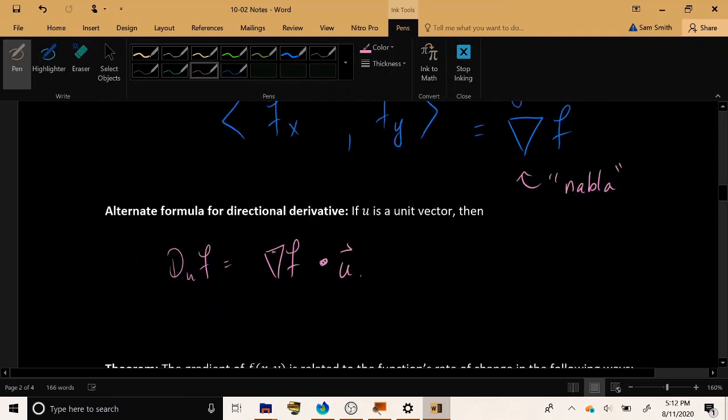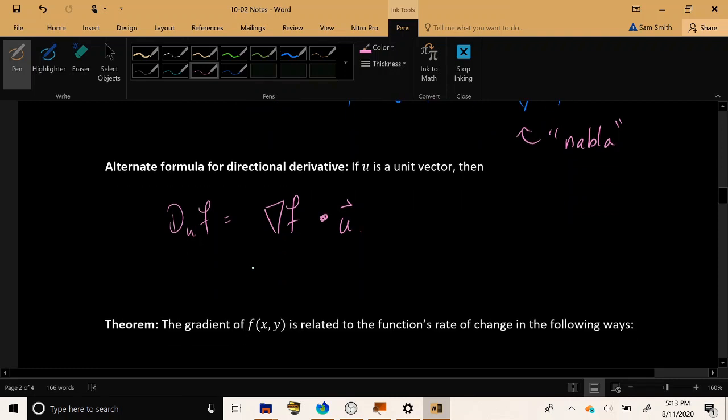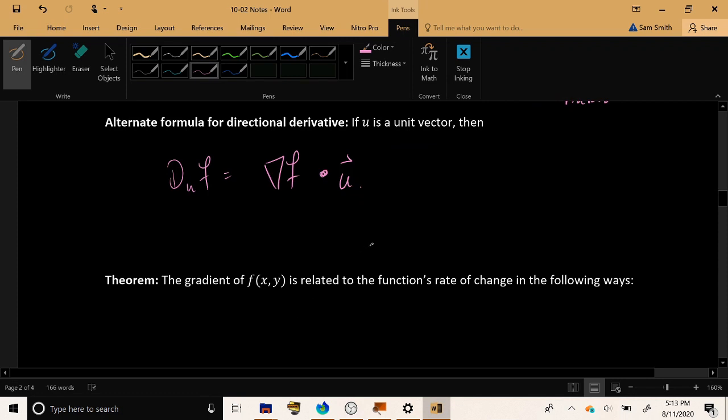The gradient of f is a vector, even though I pretty much never see it represented with a vector arrow or vector bar over top of it. You're really just expected to know that it is a vector. And we will encounter many more situations like that as the course progresses, where there are quantities which are not noted to be vectors. You're expected to remember that they are vectors. And this is the first one of those.